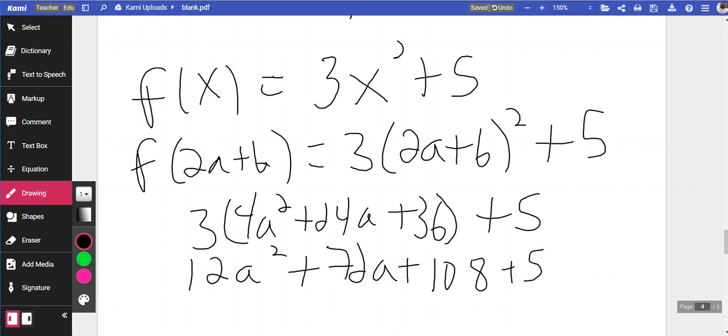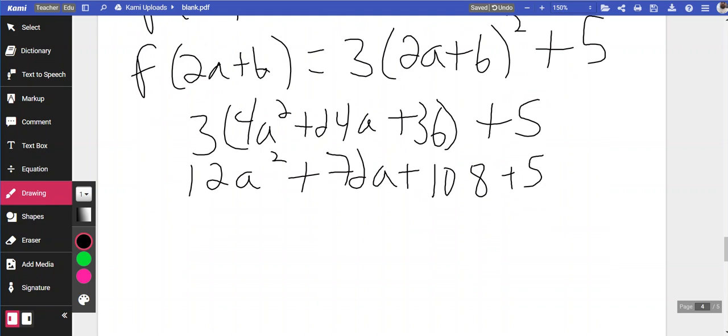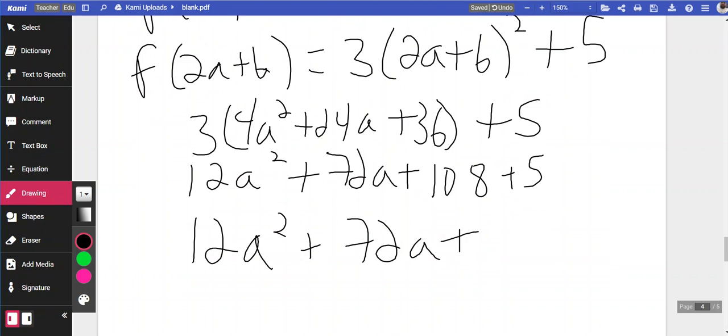And then we're going to add 5, and you can finish this out by saying it is 12a squared plus 72a plus 113. That is what happens when you input the expression 2a plus 6 into the formula. So it's not that difficult.